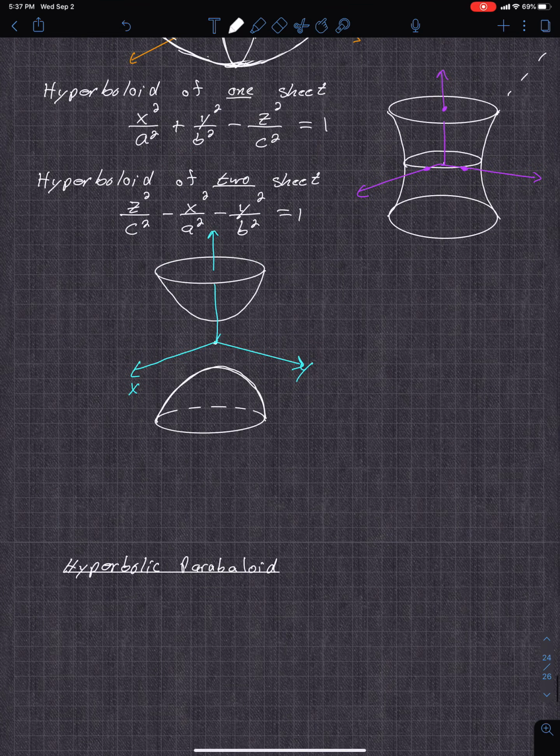All right, so this one we'll write, and it can open in different ways. This one I'll write as y squared over b squared minus x squared over a squared equal to z over c, and c is positive.